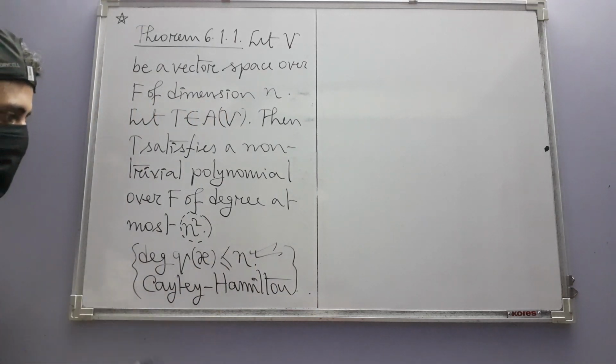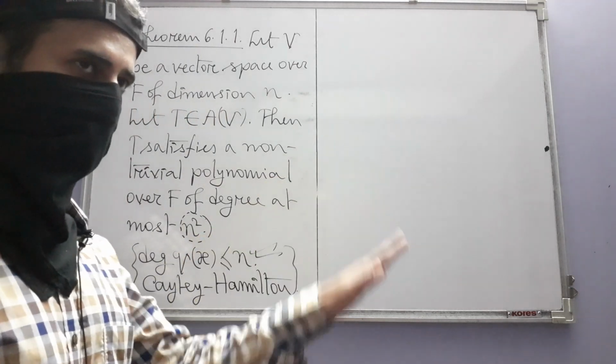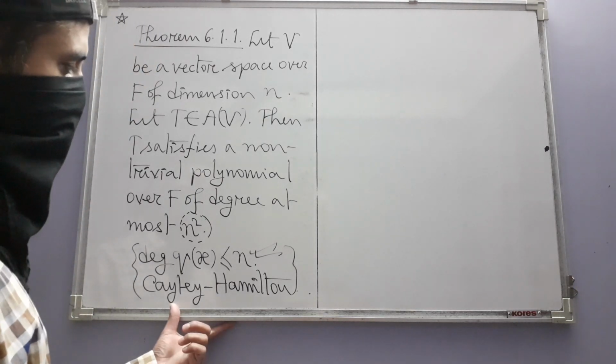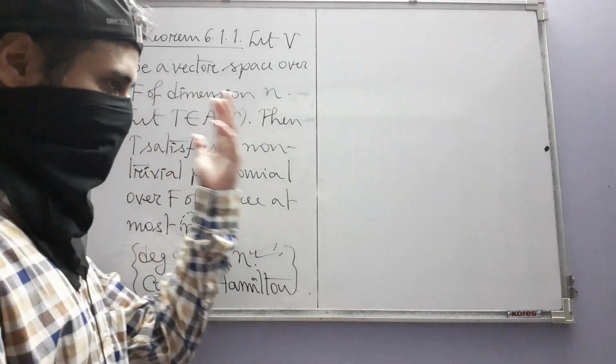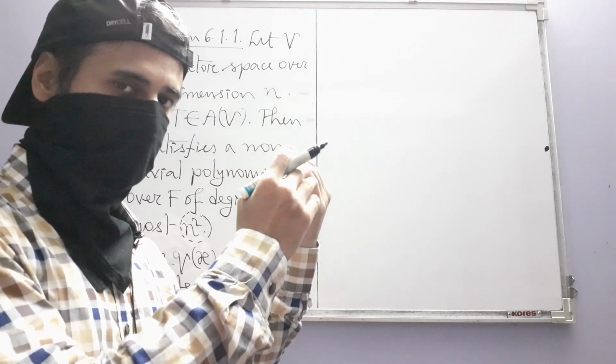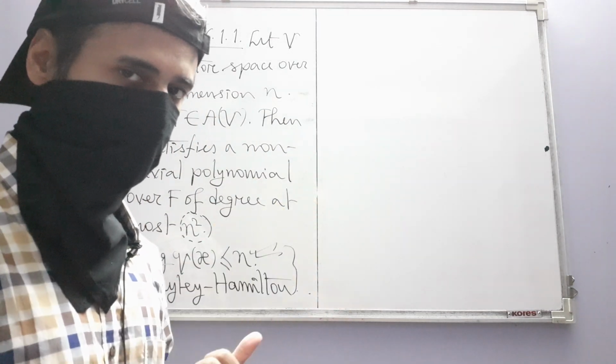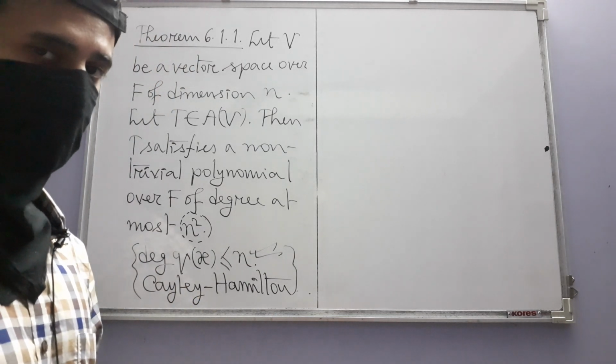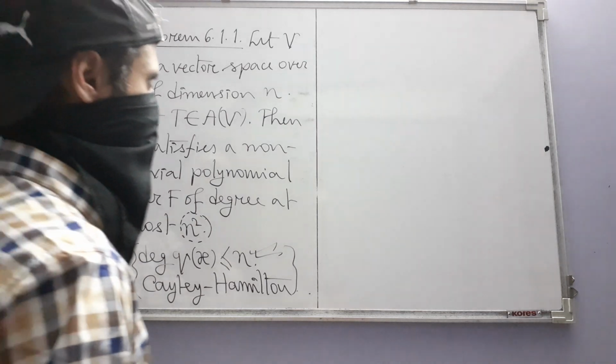Right now, all we know is that there is at least one such polynomial, and that is enough for us right now. So what we are saying is that if there is one such polynomial, then there will also be a polynomial of smallest possible degree, and that will be called a minimal polynomial for T.